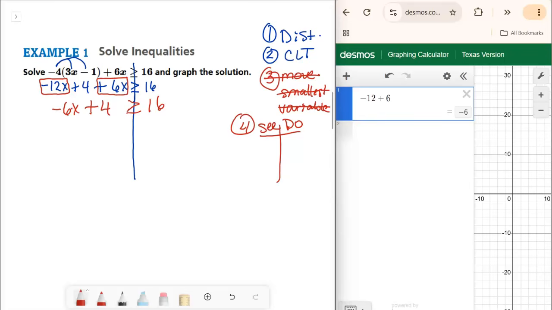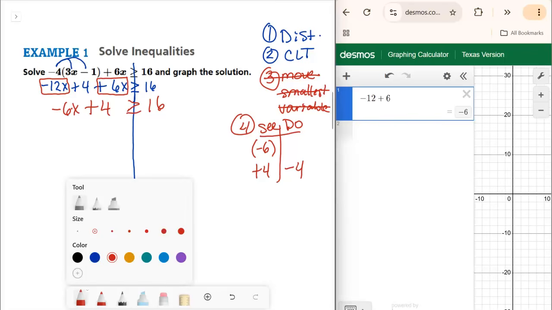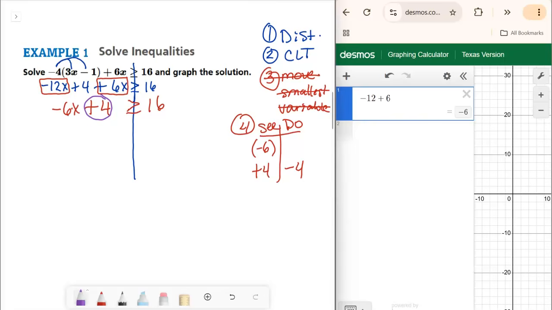The x is being multiplied by a -6, and they added 4. So the opposite is to subtract 4 from both sides. So I got to get rid of that. -4 minus 4, 16 minus 4 is 12. Bring down the sign. Bring down the 6x.